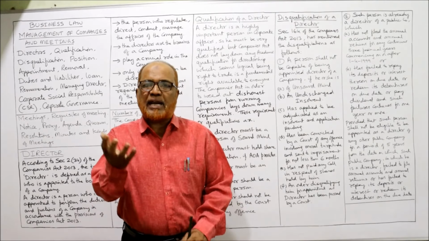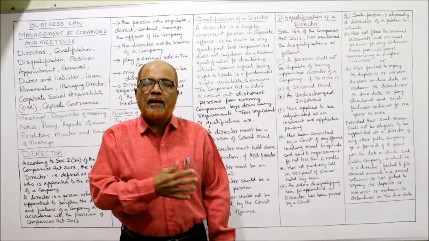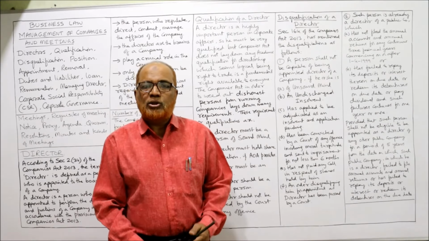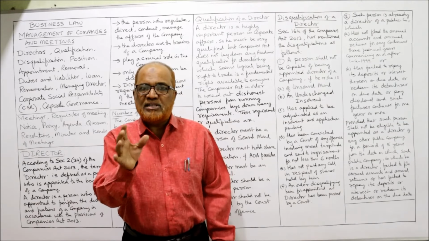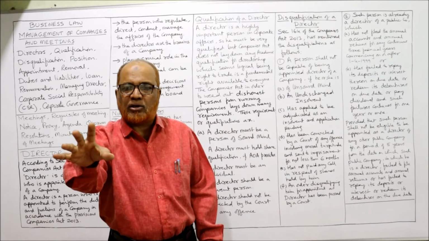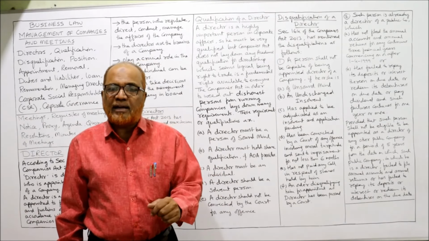Same example, Mr. X. Presently, he is a director of ABC company. Now he is proposing to become a director of PQR company. The law says, first of all, we'll check whether you are eligible to become the director of PQR company or not. So how to check the eligibility? Presently, where you are the director?